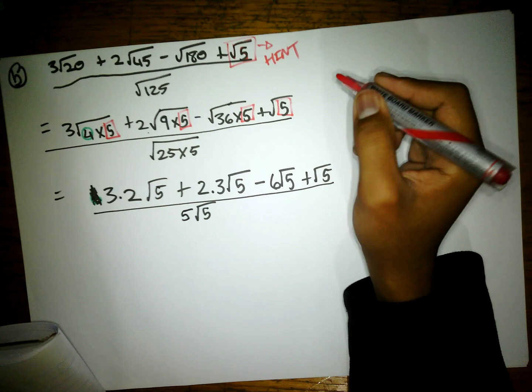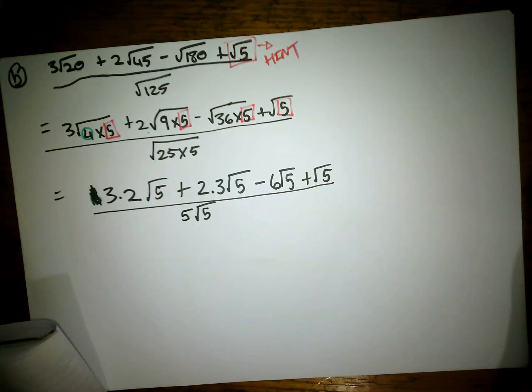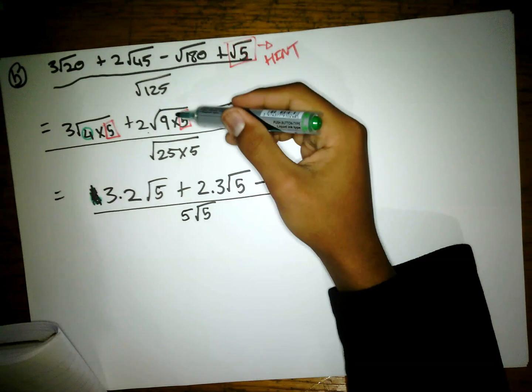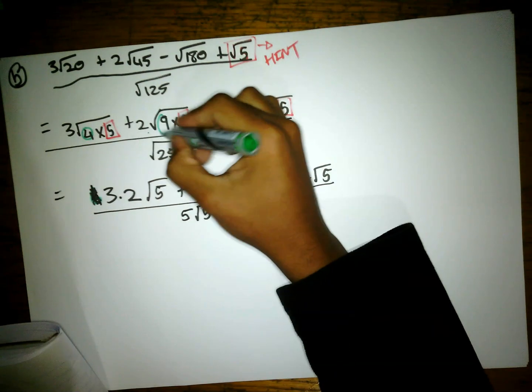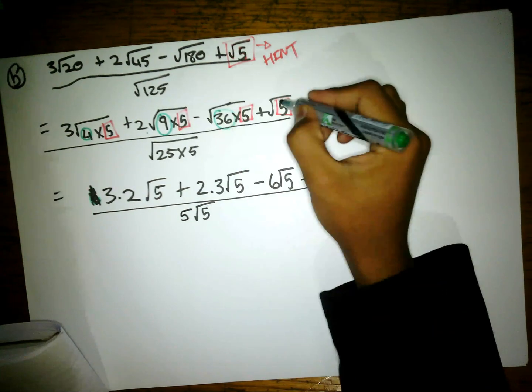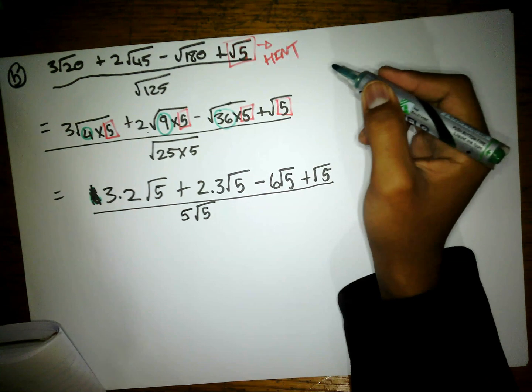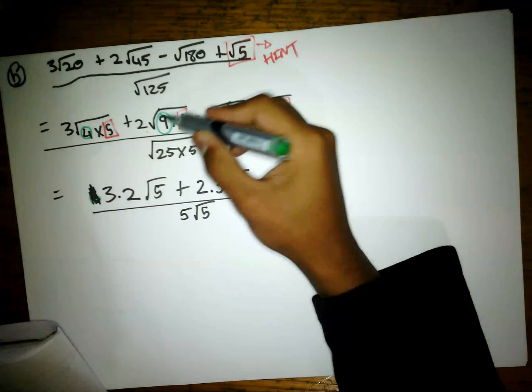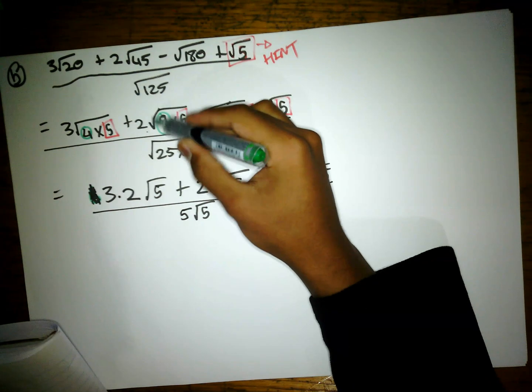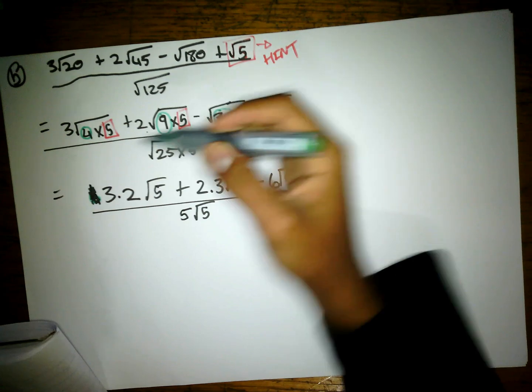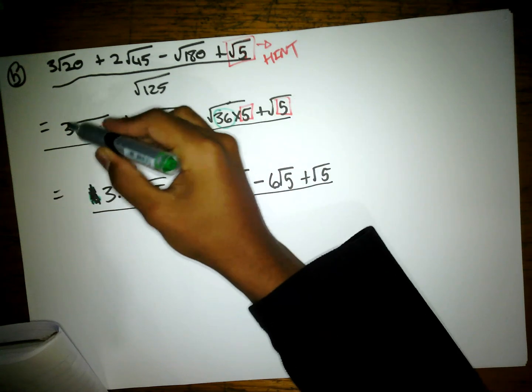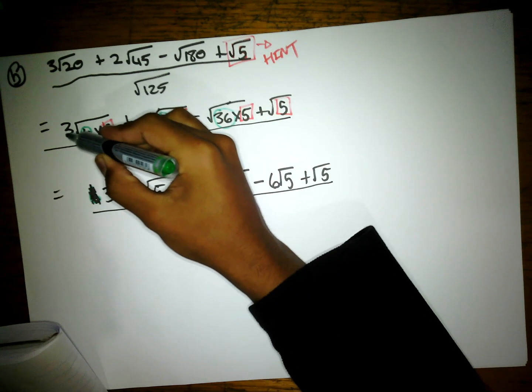So all we must do is to leave our square root 5 behind and take out this number we are multiplying with. And the only way we can do that is by square rooting that number, because this is a square root. You square root this number, then you multiply that number with the front here.